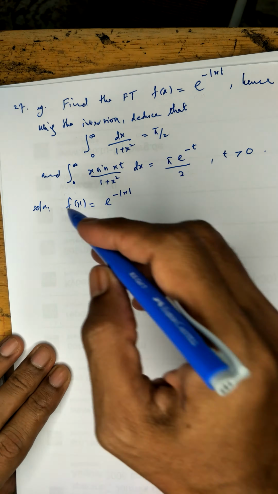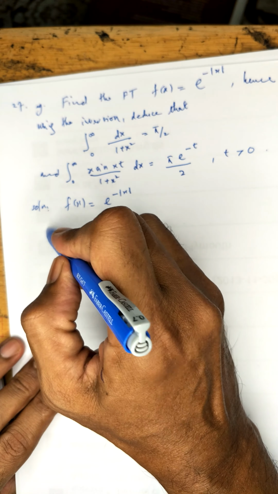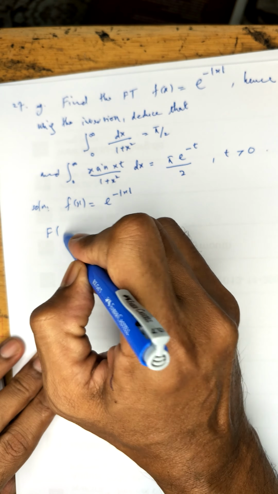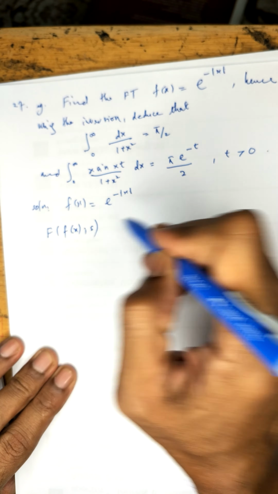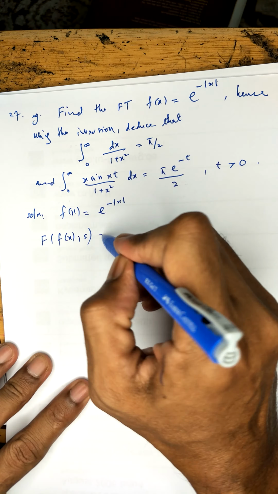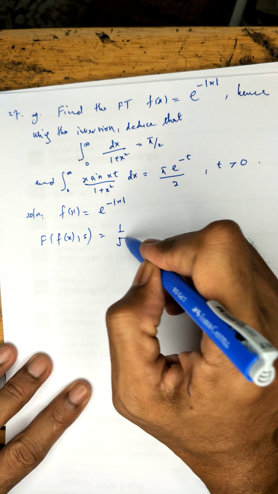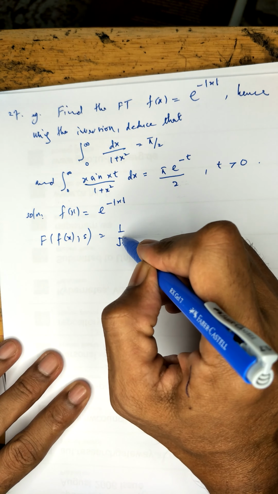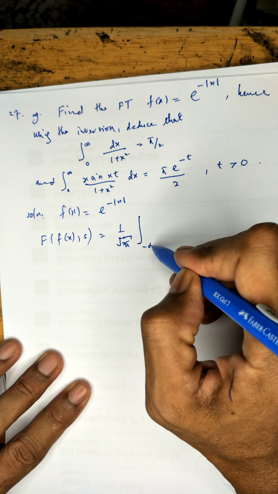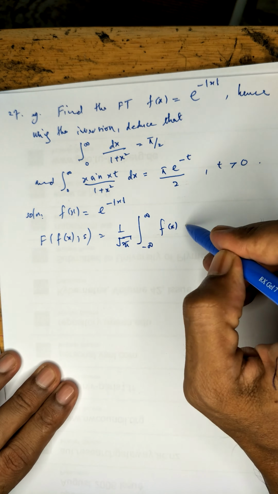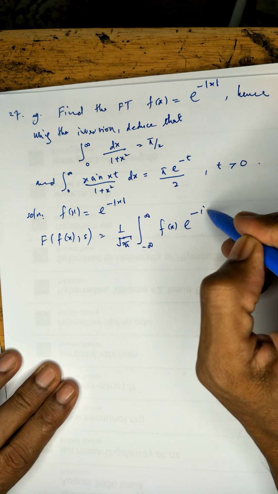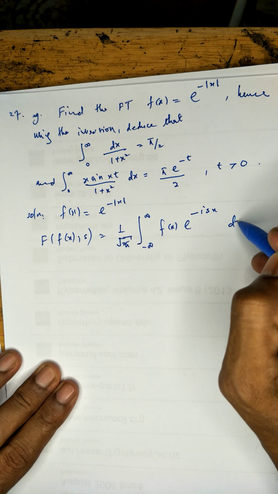The Fourier transform of f(x), F(s), is equal to 1 over square root 2 pi, by definition, the integral from minus infinity to infinity of f(x) e to the minus i s x dx.